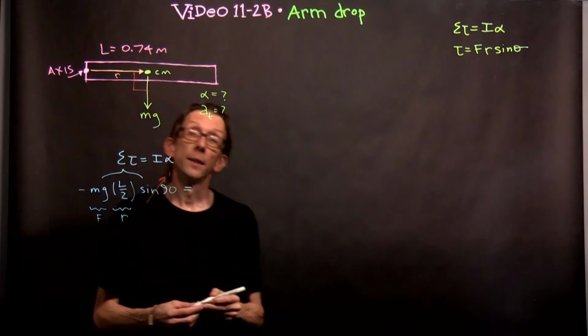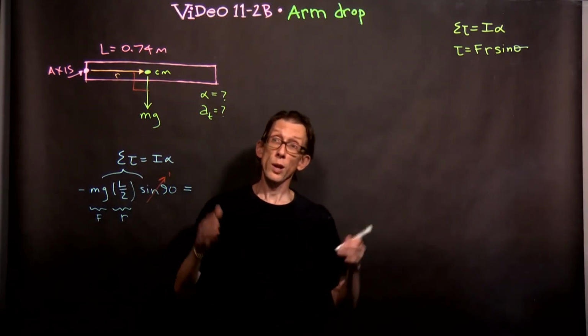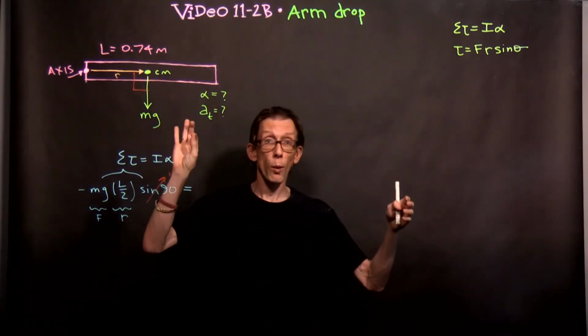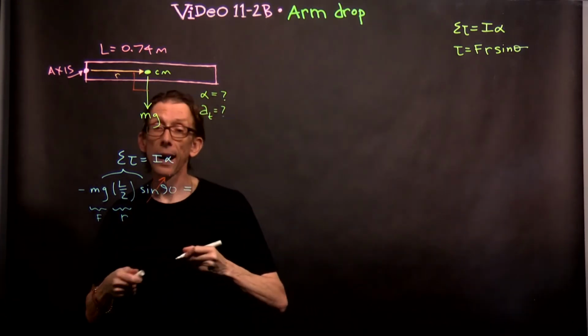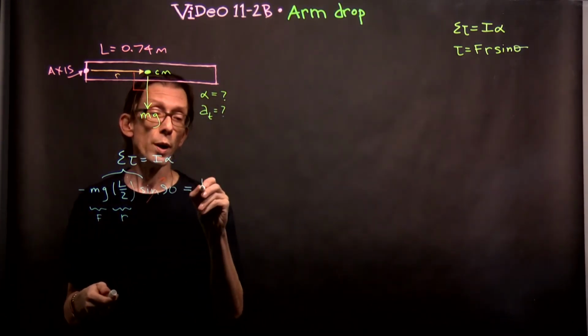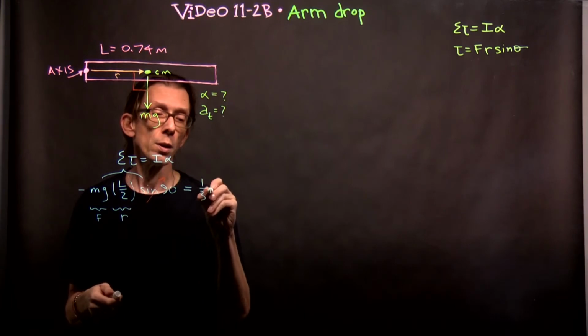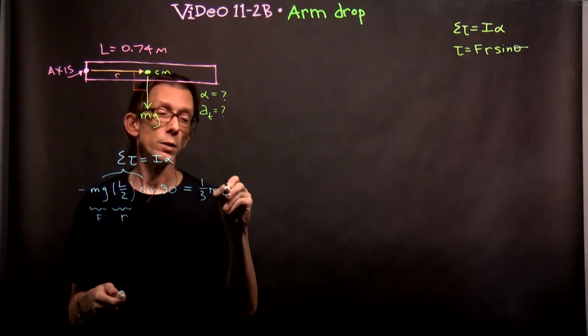The right-hand side. In a situation like this, when you have a beam rotating around a point at its end, it turns out that I is equal to 1/3 ml squared.